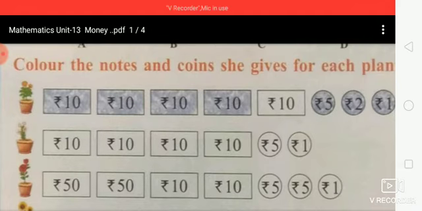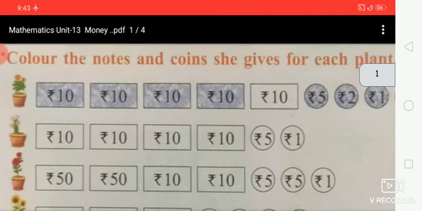So first, look at the notes. Paper notes are made of paper. Okay, coins. Coins are made of metal. Paper notes are used for large transactions.